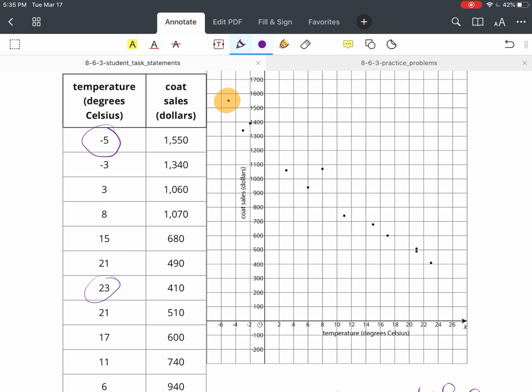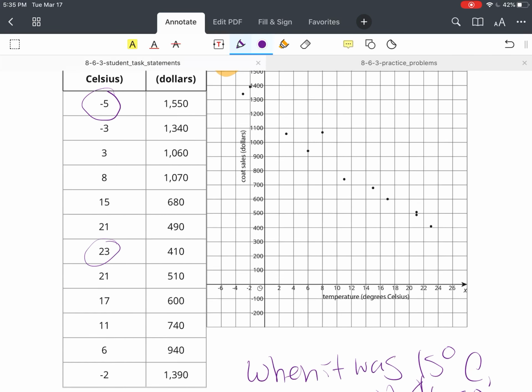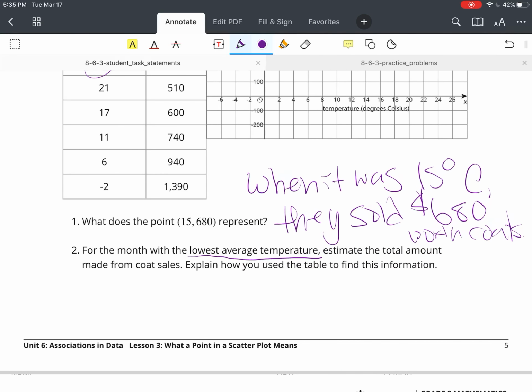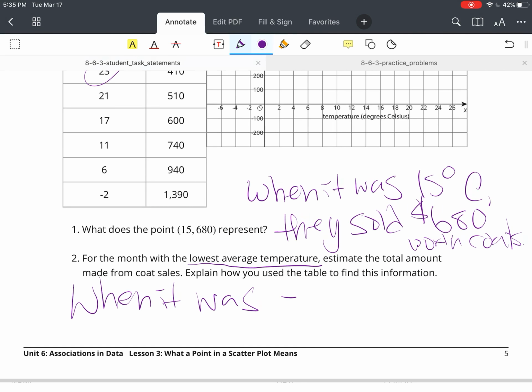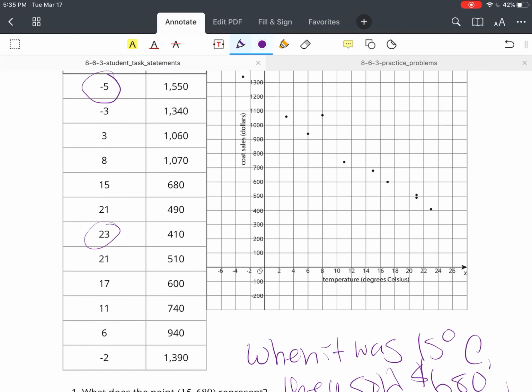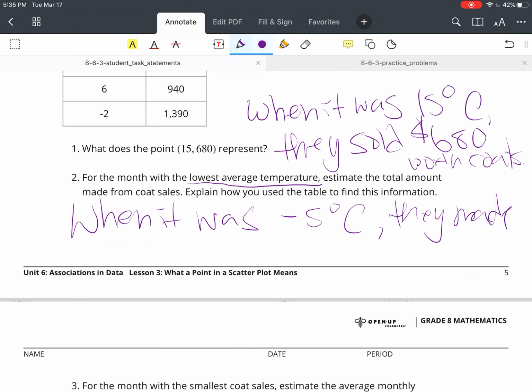And they made approximately halfway between $1,500 and $1,600. When it was negative, what was it? Negative 5 degrees Celsius. They made $1,550. It's a lot of money.